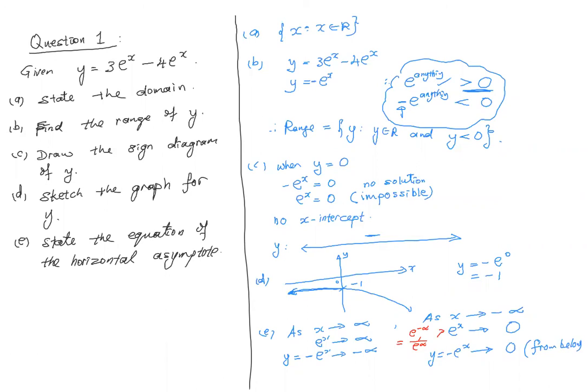So the horizontal asymptote is y equals 0, or we call it the x-axis.